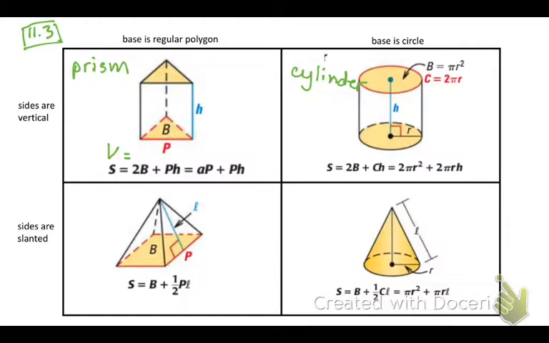So volume is the area of the base times the height. And with a cylinder, the volume is the base times the height, which, because the base is a circle, is going to be pi r squared h. So actually, taking the volume is easier than doing the surface area.